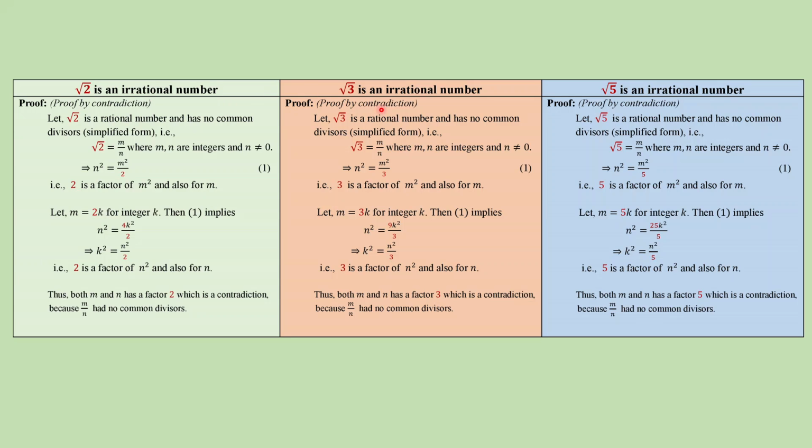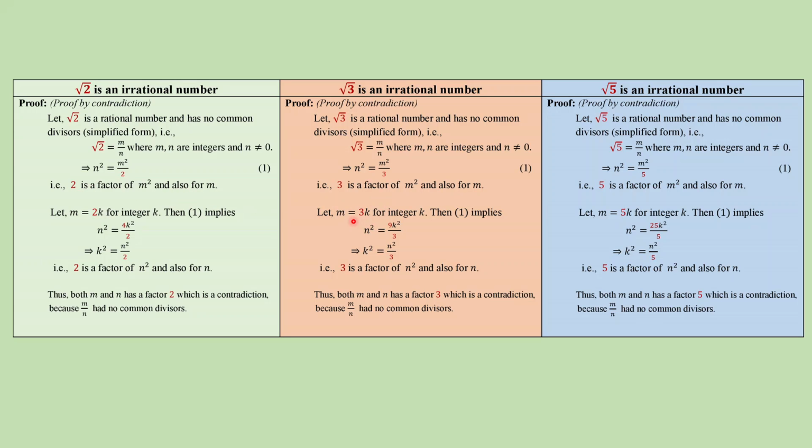Similarly, you can prove root 3 and root 5. You just need to change the digit. So here we have root 2. Now square root of 3. Square root of 3 can be written as m over n. If you square both sides, then you can write n square equals m square over 3. So 3 is a factor of m square, and also of m, like this one.